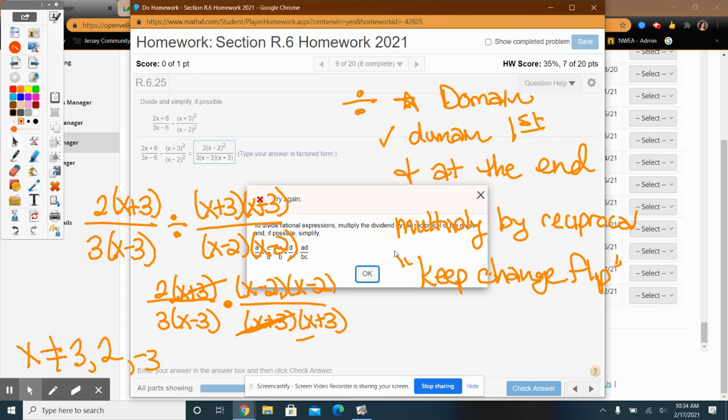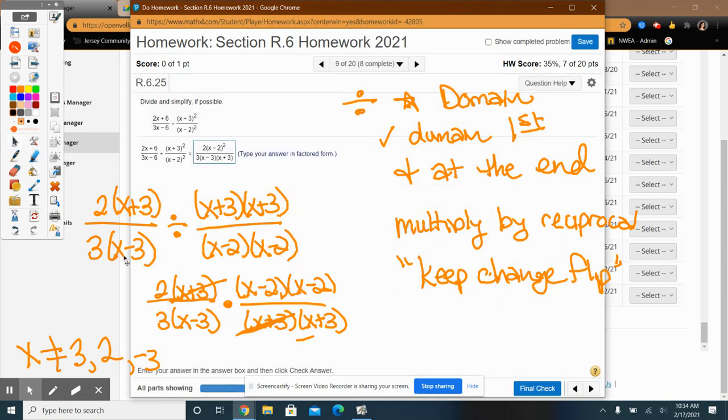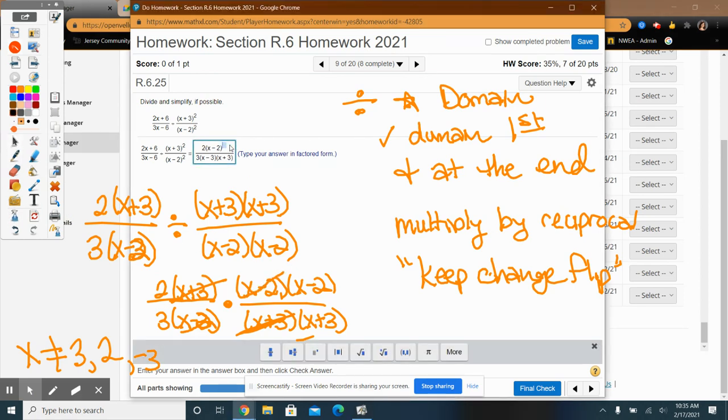Look, when I pulled out the 3, look at what I did. When I pulled out the 3, this should have been an x minus 2. And since this is an x minus 2, one of those x minus 2's would cancel out. So now I just have a 2 with an x minus 2. So I factored that wrong.